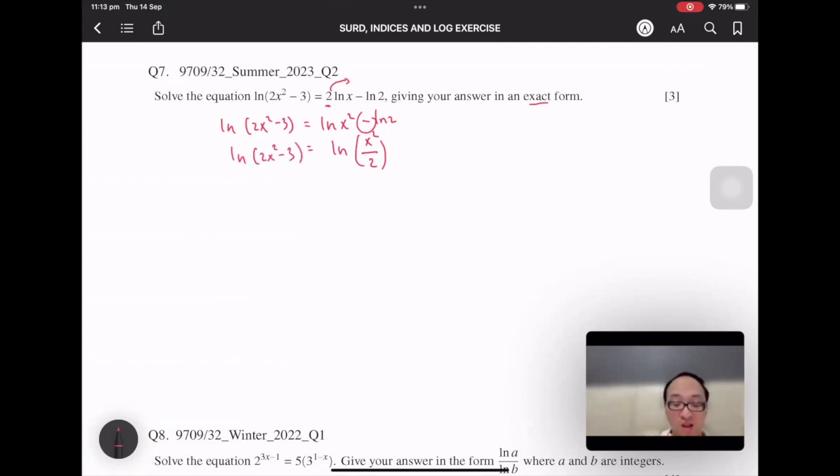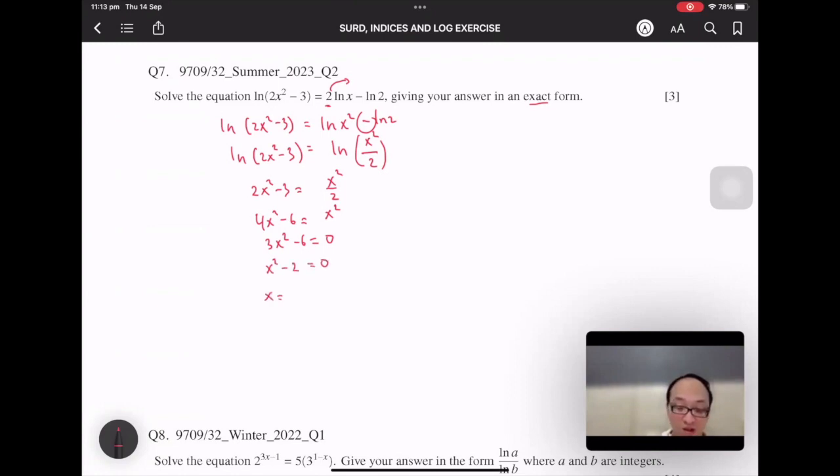So we can take off the ln. 2x squared minus 3 equals x squared over 2. So 4x squared minus 6 equals x squared. 3x squared minus 6 equals 0. So we can divide by 3. x squared minus 2 equals 0.